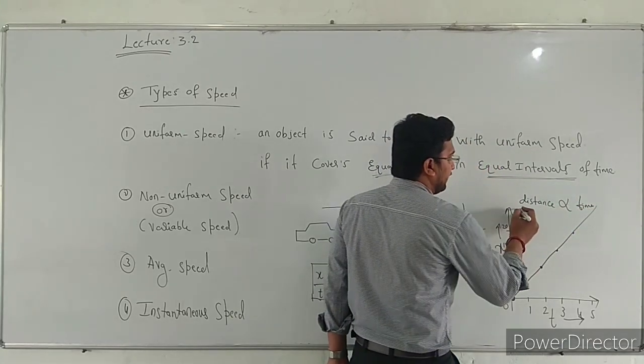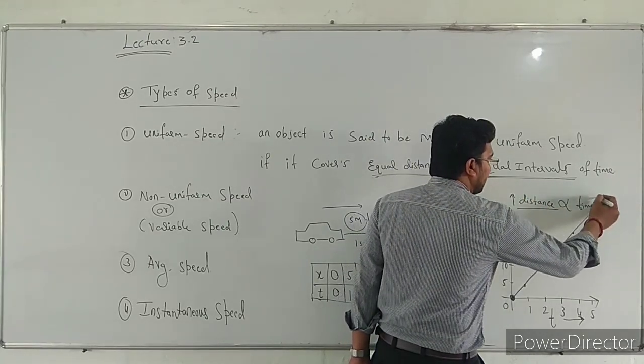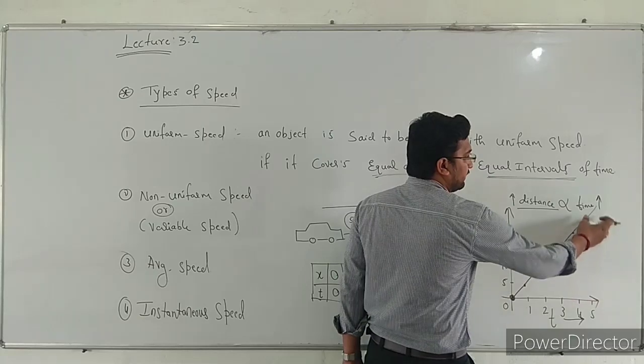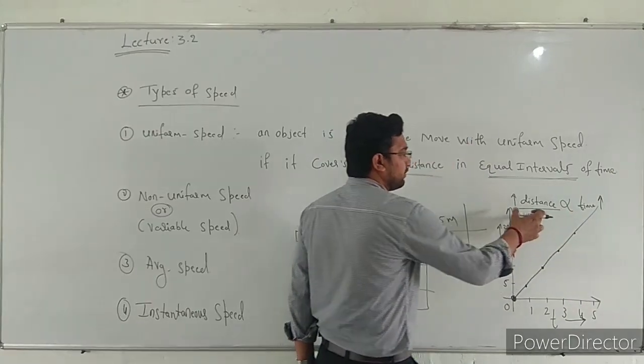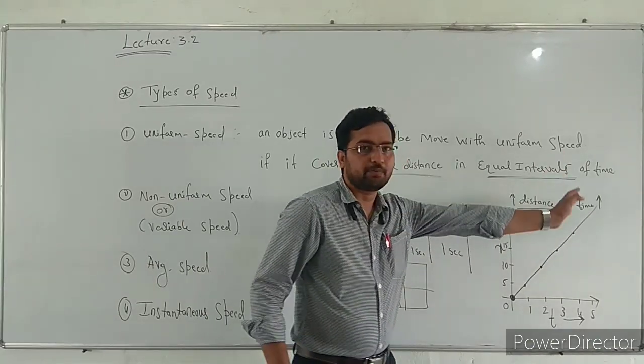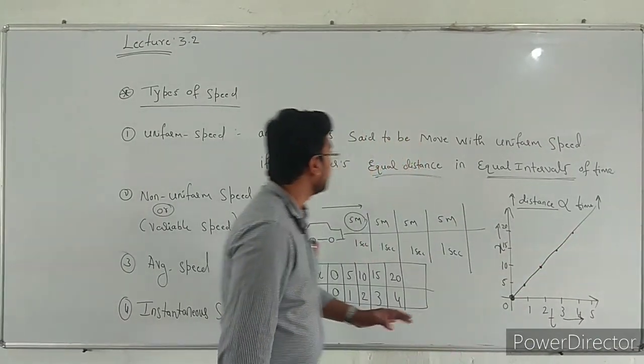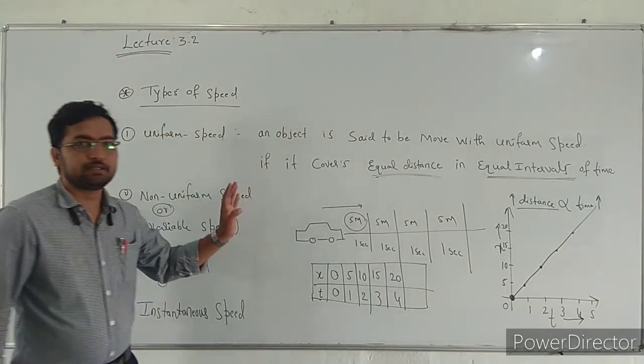If the time increases, the distance of an object also increases. In this case, distance is directly proportional to time, so the graph is a straight line. So this is about uniform speed.